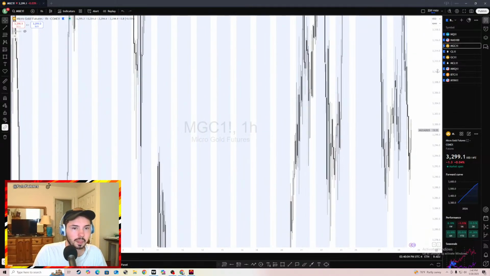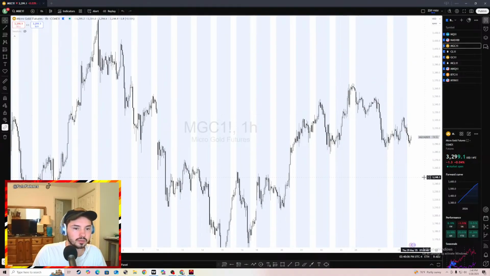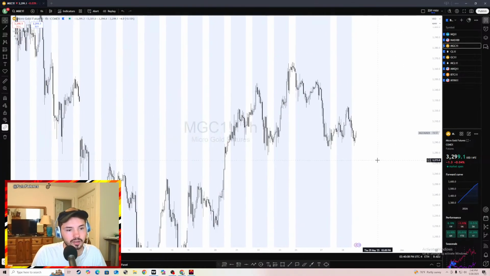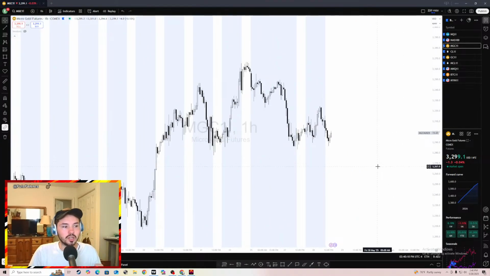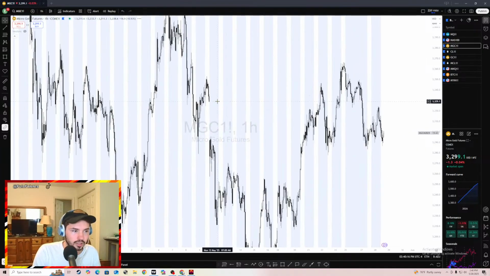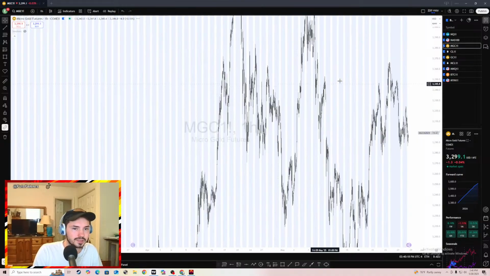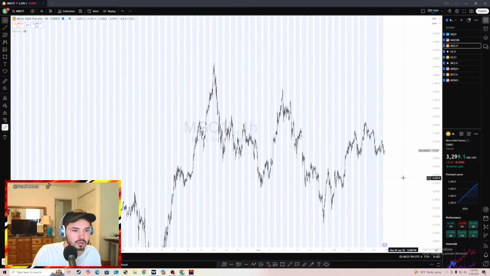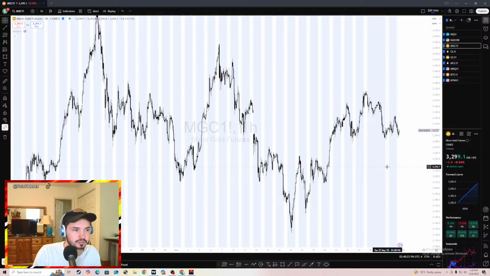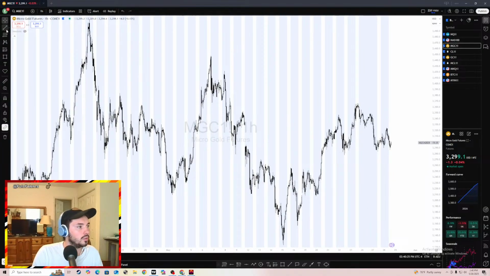So what are we doing currently here? Well, if I'm looking for an area of discount, I want to look for the best possible entry I can. So if I'm looking at this as a buyer right now, I would see the market moving kind of sideways.